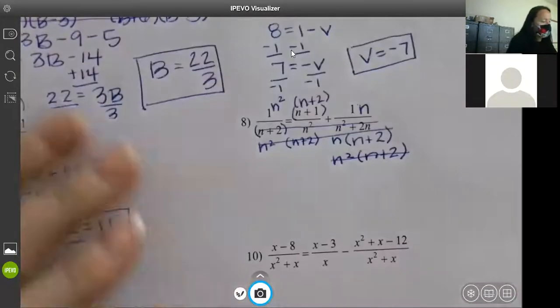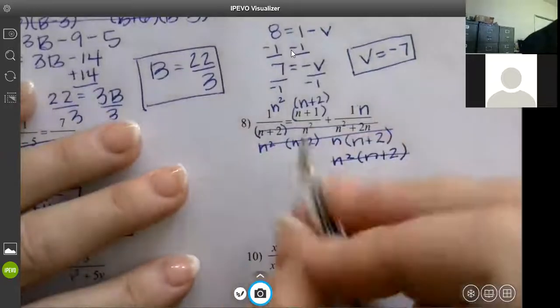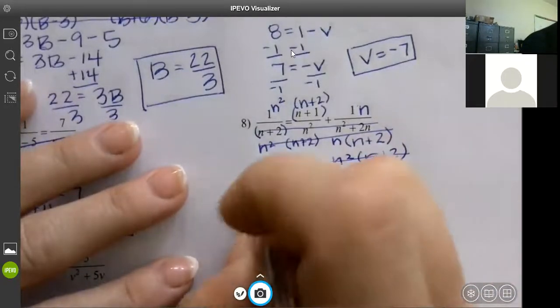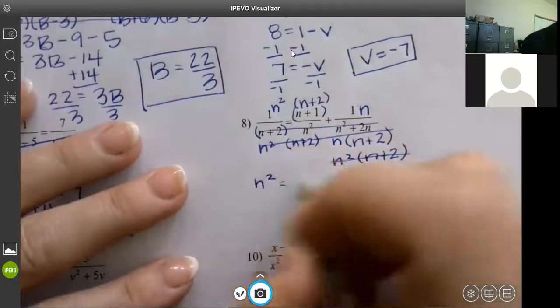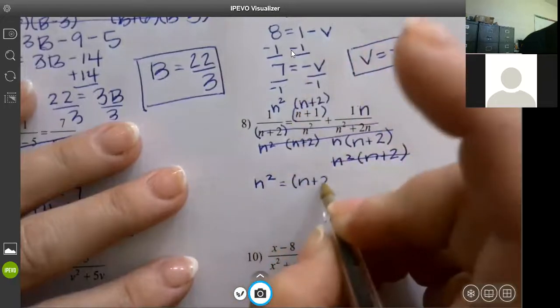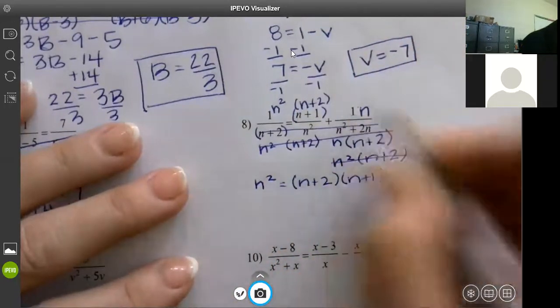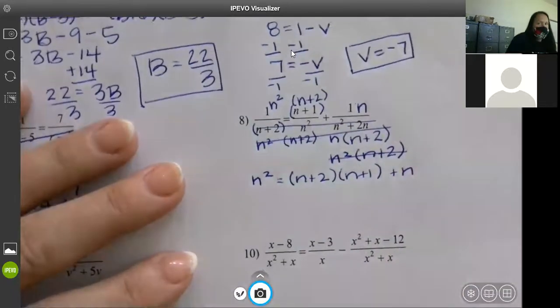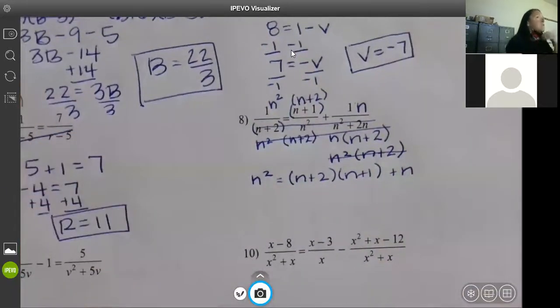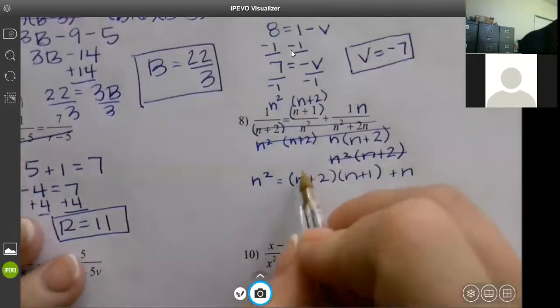Anything on the back. All right, we're going to write this down. We have 1n squared equals, I'm going to write it down so you guys can see it, n plus 2 times n plus 1 plus 1 times n, which is n. This is what we're solving. We're going to distribute right here.